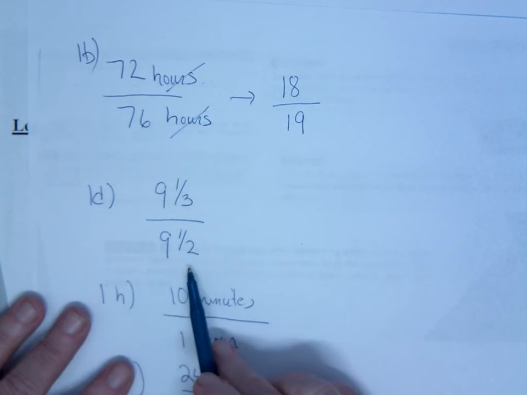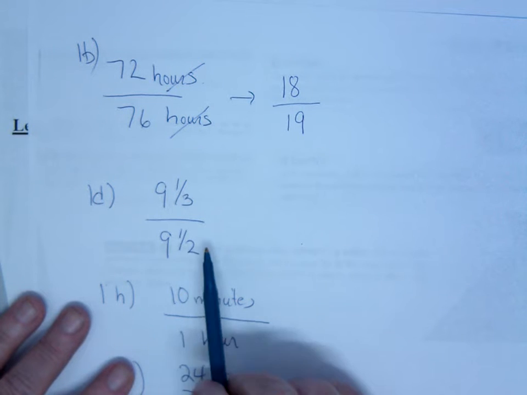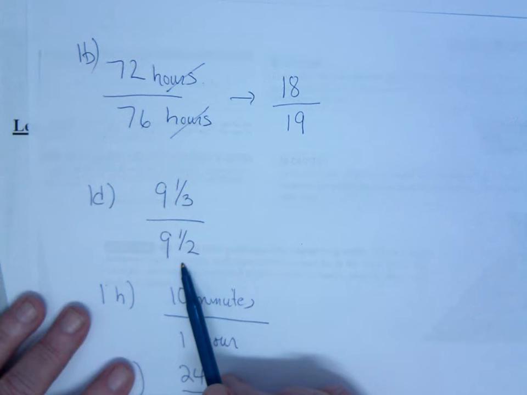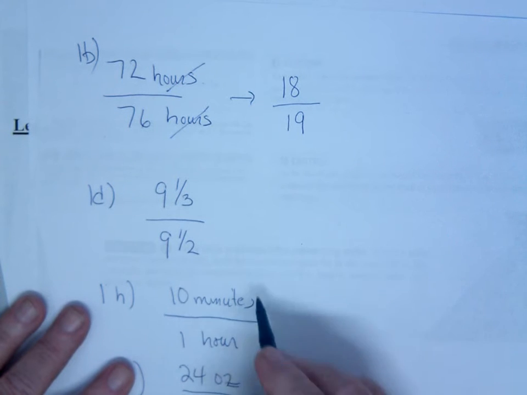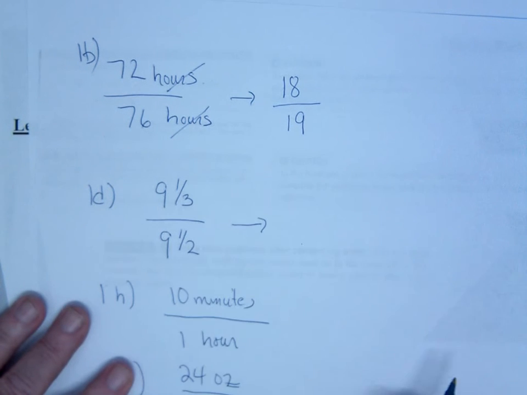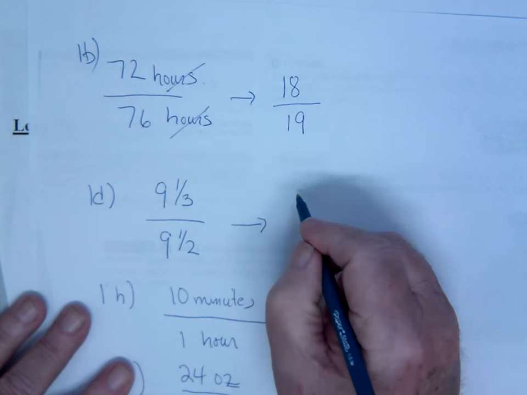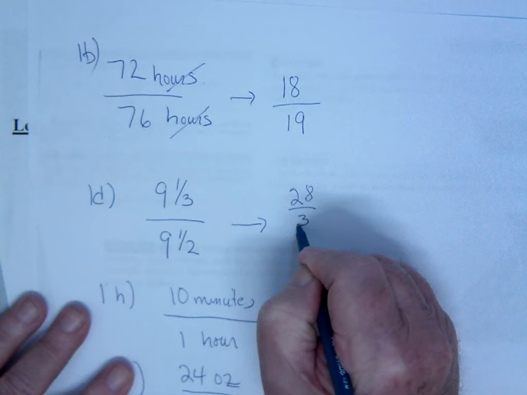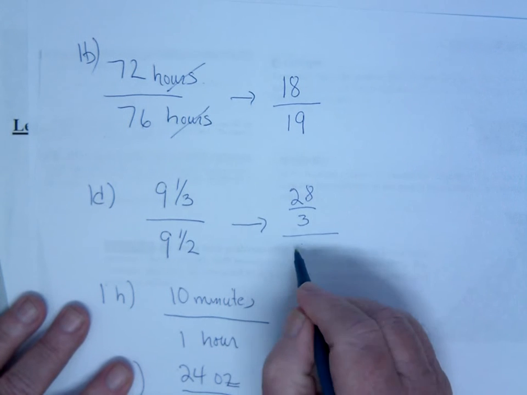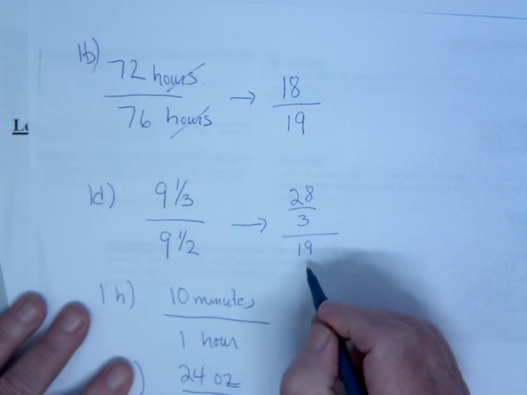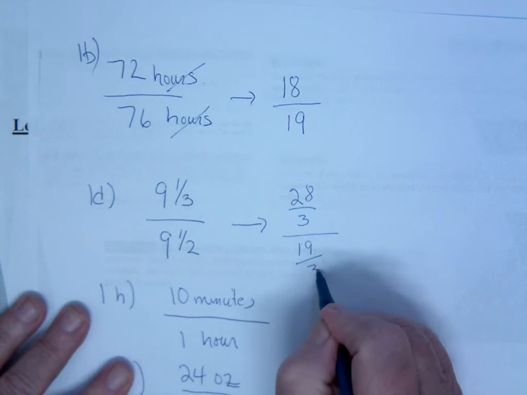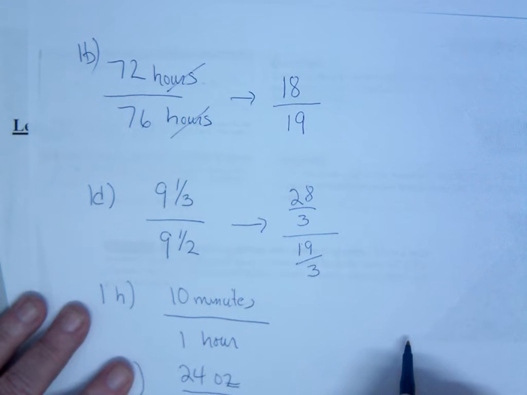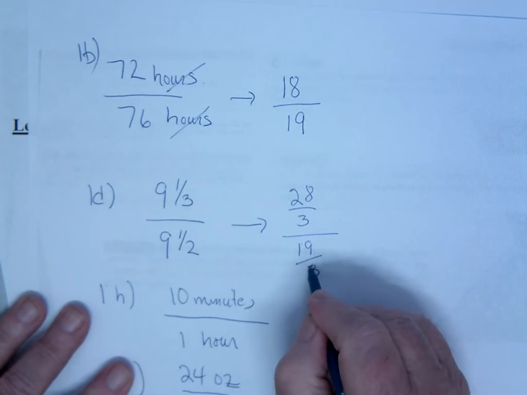Another example, which later will be shown as example 1D, has 9 1/3 to 9 1/2. You change both the numerator and denominator to improper fractions. So this is 28 over 3, and this is 19 over 2.